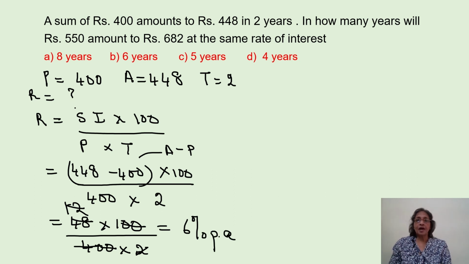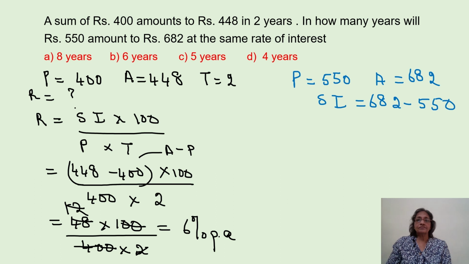Now come to the second part. Now in the second part, what you are given is the principal as 550, amount as 682. So let's get the simple interest first. Once we know the simple interest, we know the rate also, because the rate is going to be what we got here. So we need to find the time period.